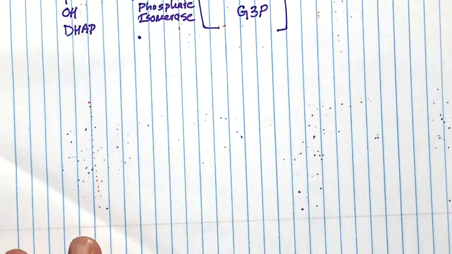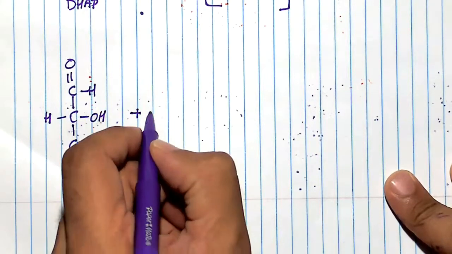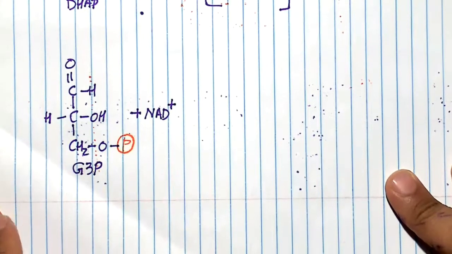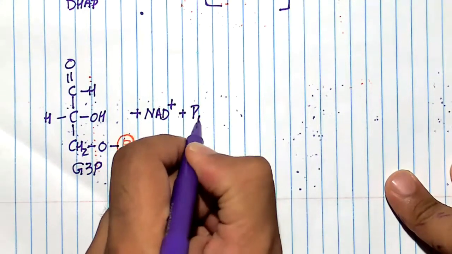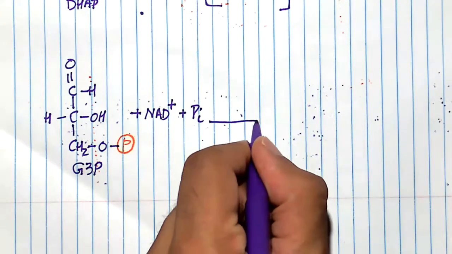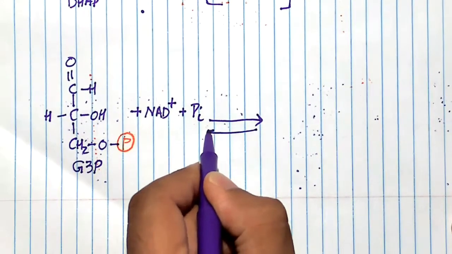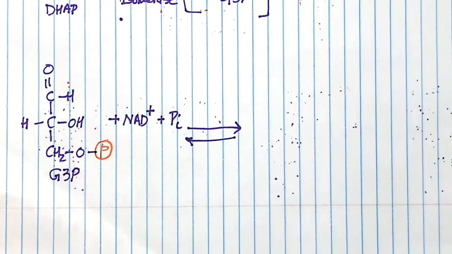Now we're on reaction 6. So glyceraldehyde 3-phosphate dehydrogenase, as in all dehydrogenases, is a redox reaction. So this one will take NAD+, okay, and it's going to take inorganic phosphate, and this dehydrogenase is bidirectional, so it is in an equilibrium.